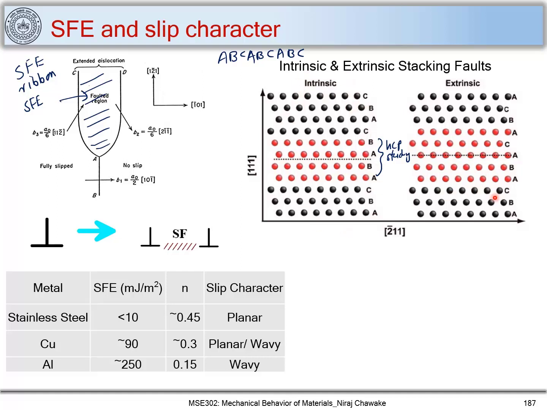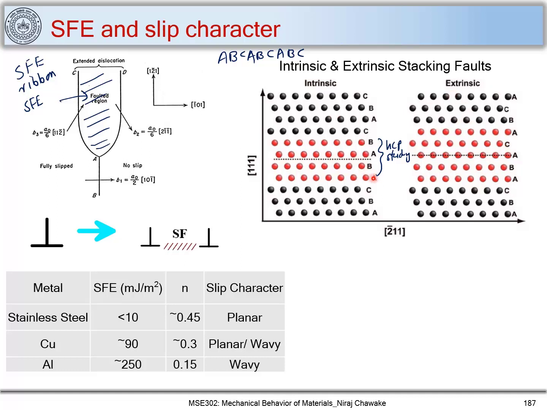Now here in this case, you have ABC, AB, AC, ABC again. So here you don't have AB or AC stacking, which comprises HCP stacking, that is absent over here, and this type of stacking fault is called an extrinsic stacking fault. So what is an intrinsic stacking fault?